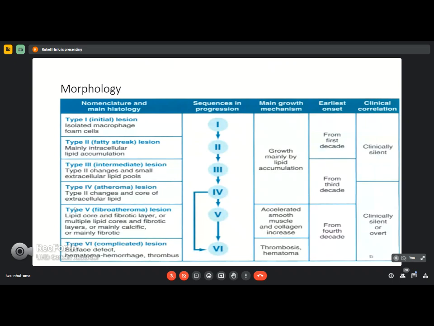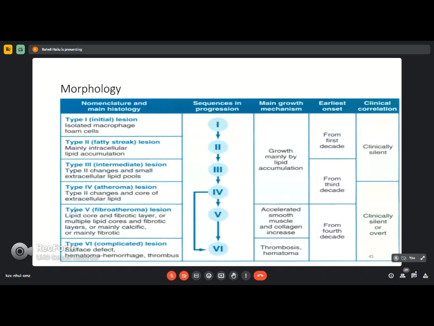So the lesion, depending on its morphology and depending on the type of cells that are involved, can be classified into these 6 types. The first 4 types are mainly indicating the level where the macrophages are there, with different degrees, and they're engulfing lipoproteins.